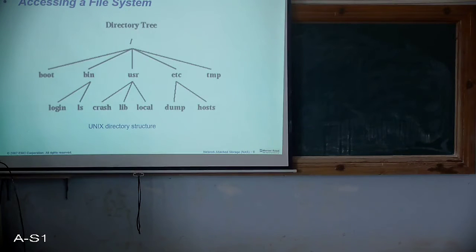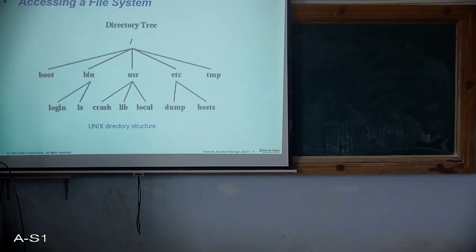A file system must be mounted before it can be used. In most cases, the operating system mounts a local file system during the boot process. The mount process creates a link between the file system on NAS and the operating system on the client.